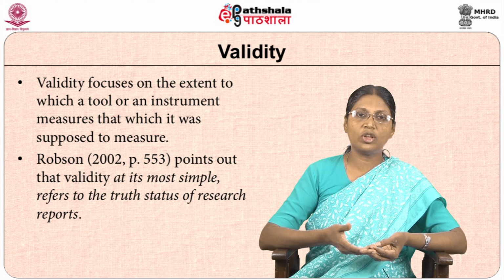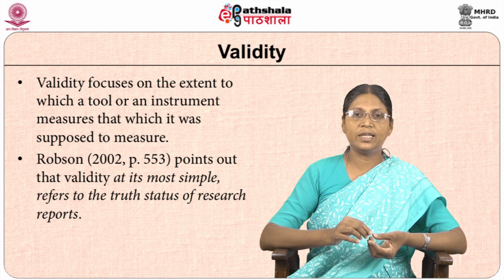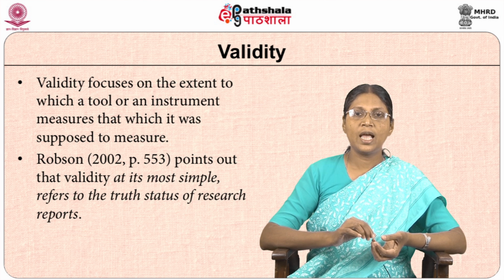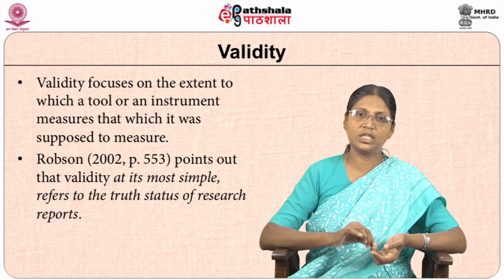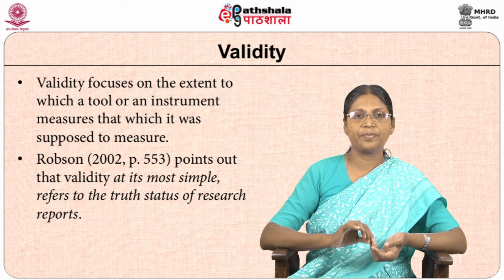Validity focuses on the extent to which a tool or an instrument measures that which it was supposed to measure. For example, we would check that the rating scale used for assessing psychological factors like loneliness and isolation among senior citizens actually measures loneliness and isolation and not physical infirmity or illnesses of senior citizens.